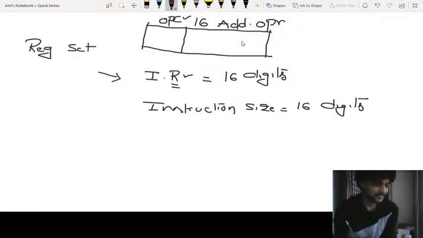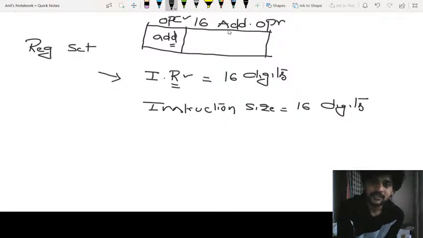Let us stay focused. In this context, let us say that this opcode is add. This opcode is going to perform addition. Forget about the address of the operand for now; this field is going to give you one operand.